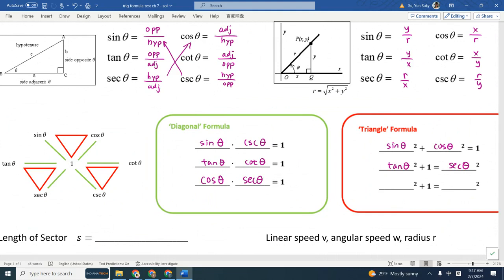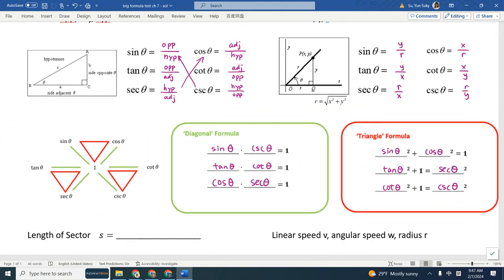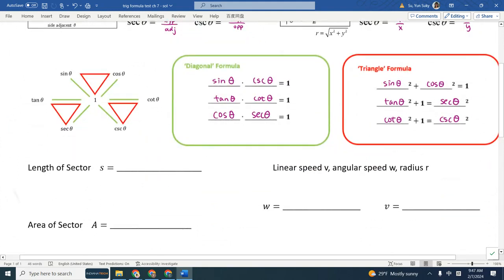Erica: cotangent theta squared plus 1 is cosecant theta squared. Yes. Is that okay, everybody? Right, so we understand the pattern, which helps us to remember them.